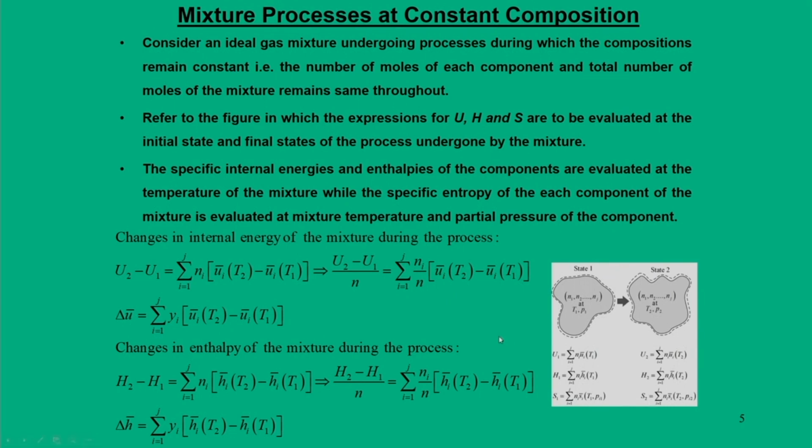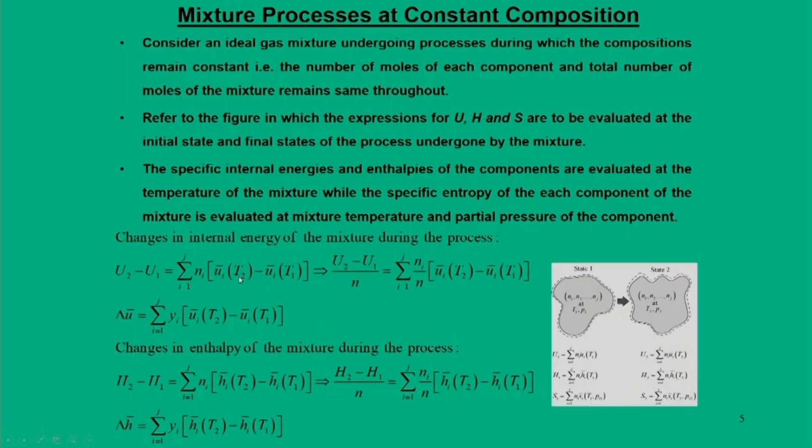Our previous expressions enable us to calculate the change in the internal energy of the mixture during the process. U2 minus U1, the change in internal energy of the mixture between state 2 and state 1, we can represent in terms of the molar specific internal energy multiplied by the mole fractions. This molar value has to be considered at two different states, temperature T2 in the final state and temperature T1 in the initial state.